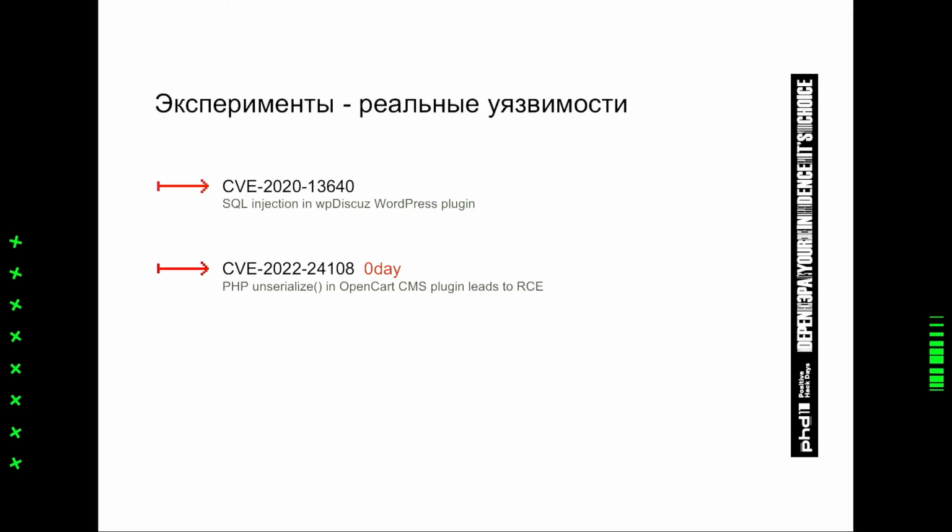So first, we found a couple of vulnerabilities in Severe. One of them has already been fixed. It was an SQL injection in WP discos. And also another one, and we also identified 10 day.